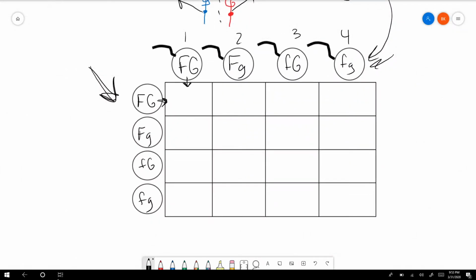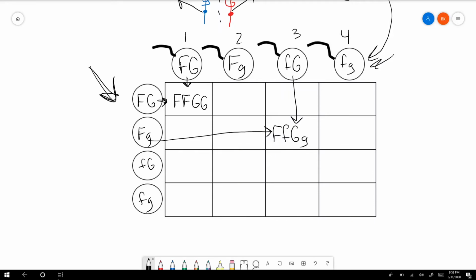So this is how we'd write it. Big F, big F, big G, big G. So this zygote would be homozygous dominant for both genes, okay? And so we could see some different possibilities. If we were doing this one, what would we have down here? Big F and a little f, and a big G and a little g.